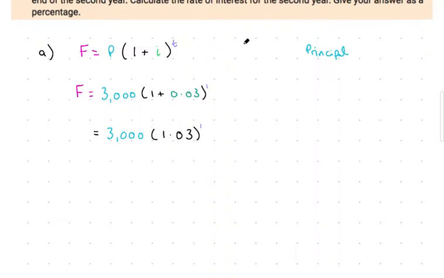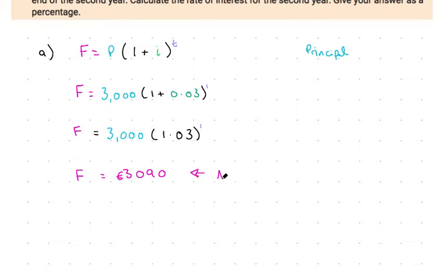And now we can multiply. So we can multiply that out and get our final value. So if we put that into our calculator then, 3,000 by 1.03, and I get 3,090. Now, that is how much money is in the bank account at the end.